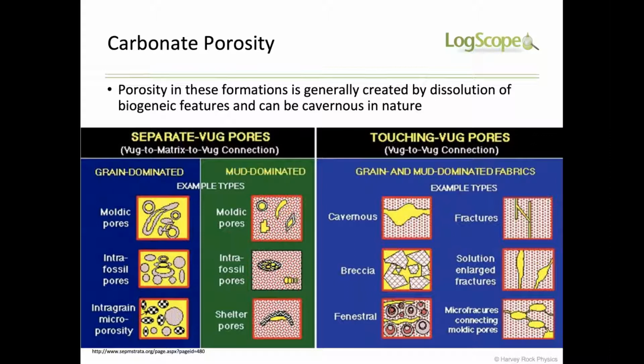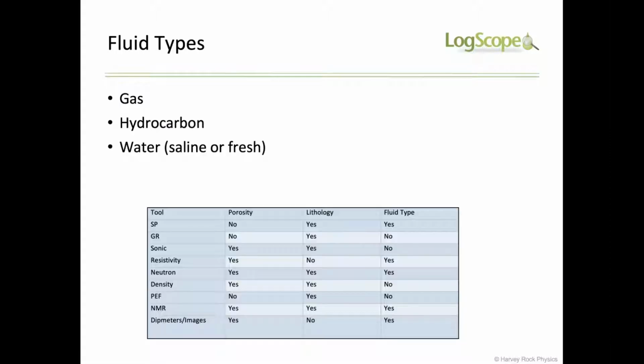Both porosities can coexist together in the same formation, but in general, it's the biogenic features that get dissolved that actually creates the porosity in the carbonates.